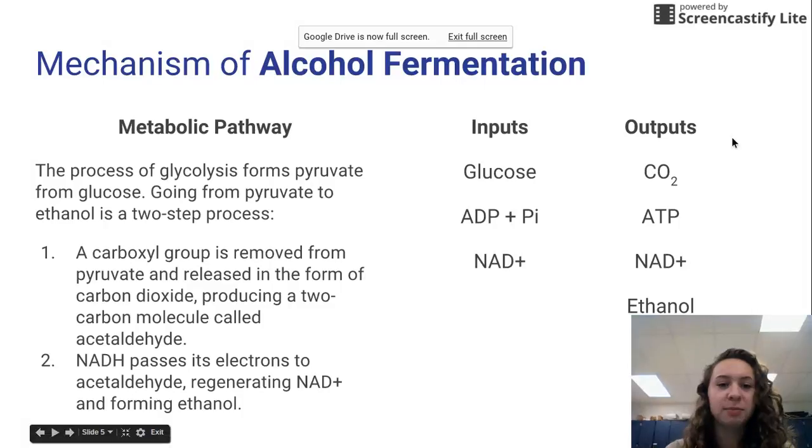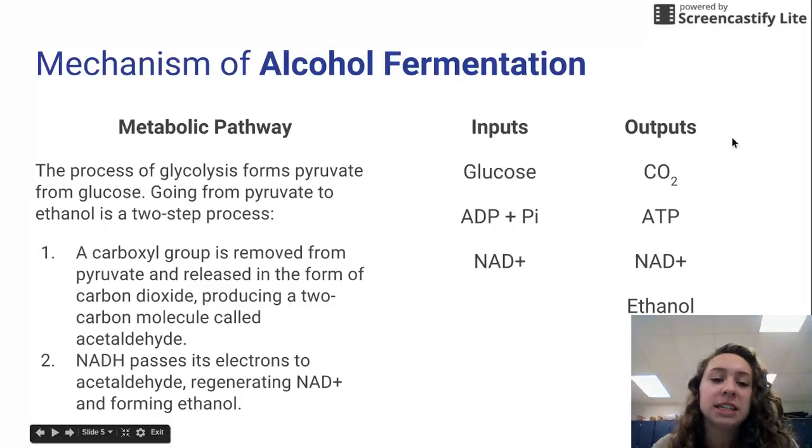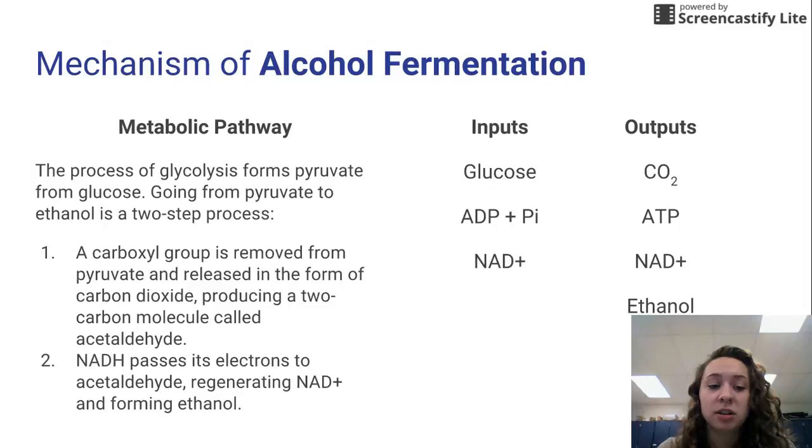All right, so the mechanism of alcoholic fermentation. The process of glycolysis forms pyruvate from glucose. Going from pyruvate to ethanol is a 2-step process where first a carboxyl group is removed from pyruvate and released in the form of carbon dioxide, producing a 2-carbon molecule called acetaldehyde.